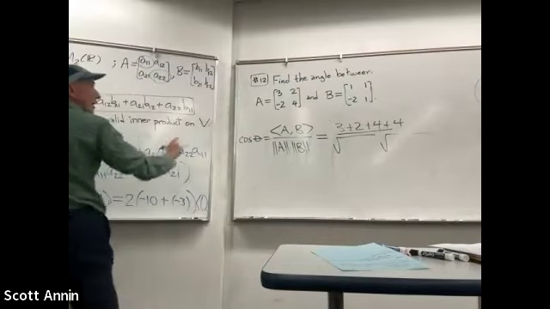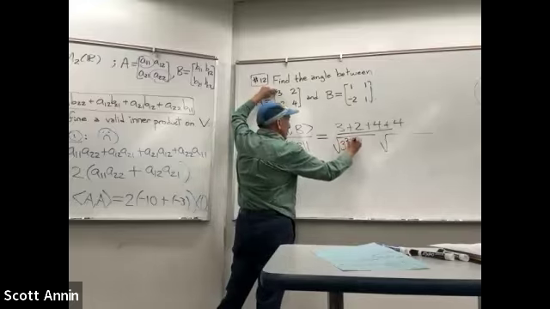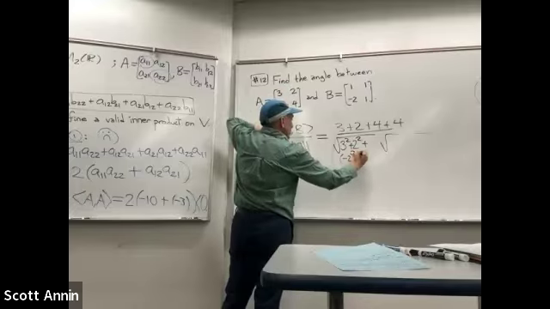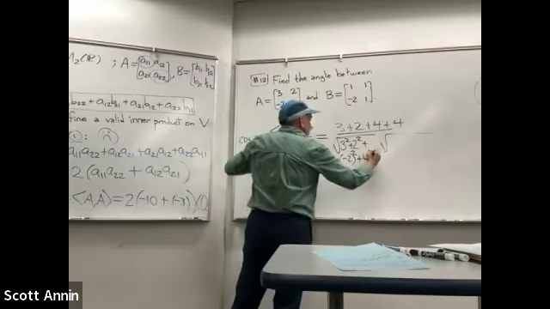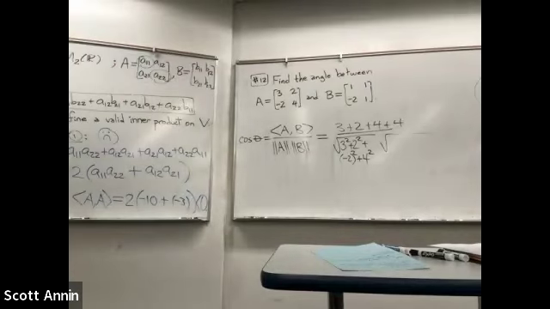So in this case, for this first vector, it's just 3 times 3 plus 2 times 2 plus -2 times -2 plus 4 times 4. That's the inner product of A with itself, because you're just doing A11, A11 plus A12, A12 plus A21, A21 plus A22, A22.